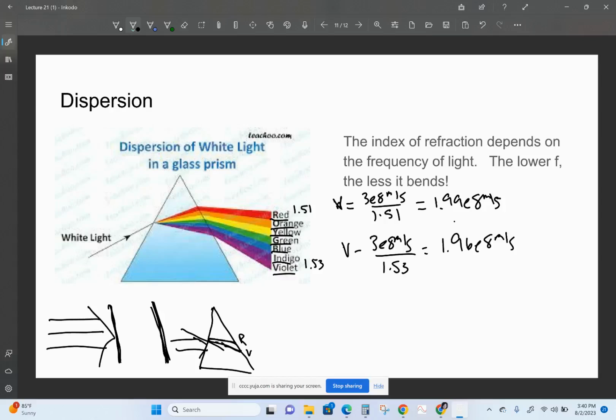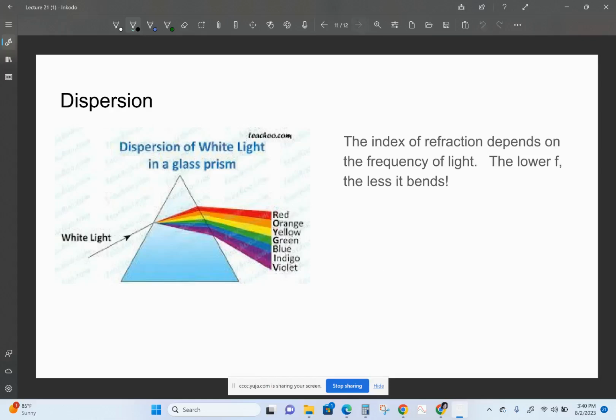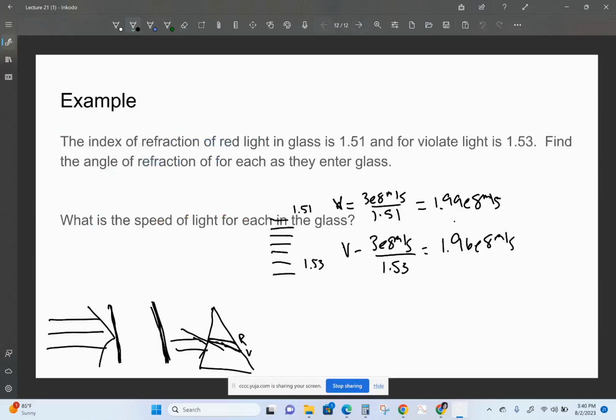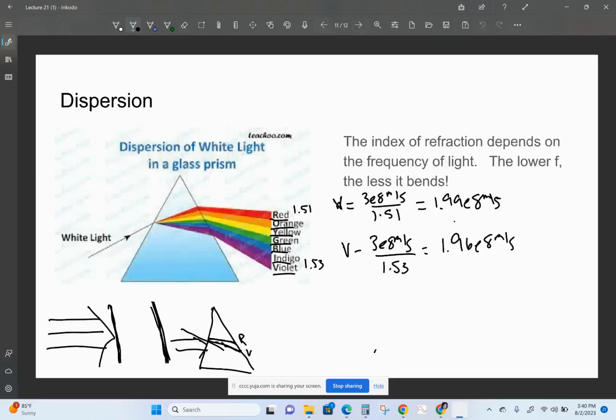You can actually see that effect when you look through a prism. You can separate light out into its colors. And this is what's happening in a water droplet that creates a rainbow. If you think about the sides of the water droplet, they are kind of like a prism.